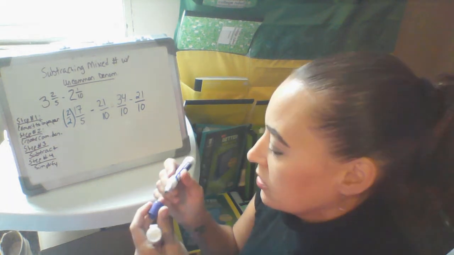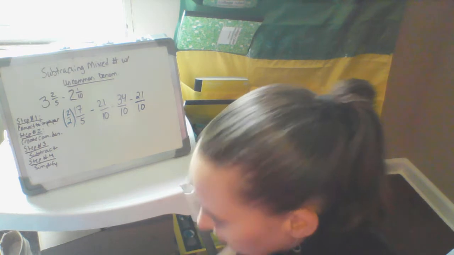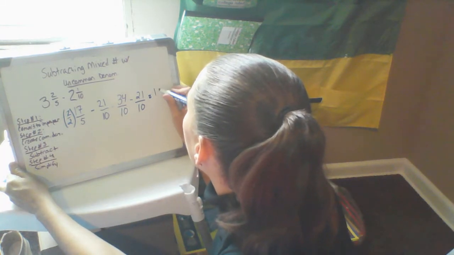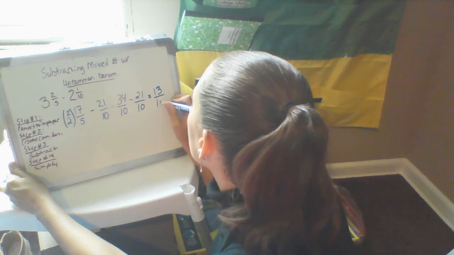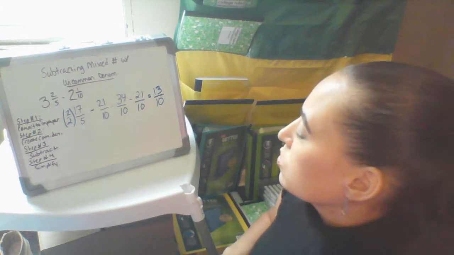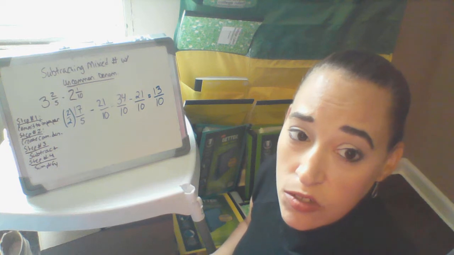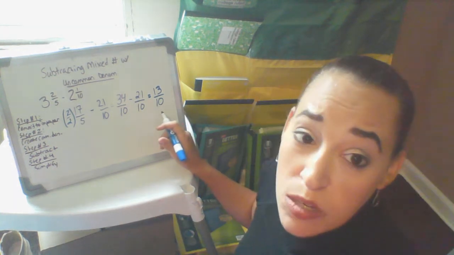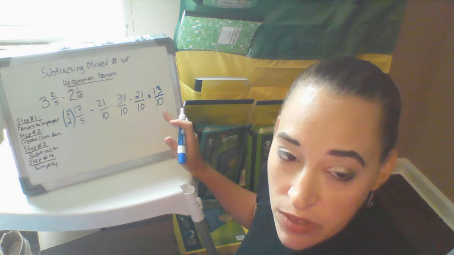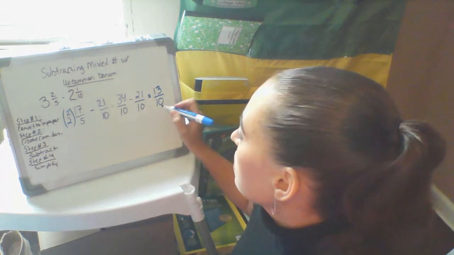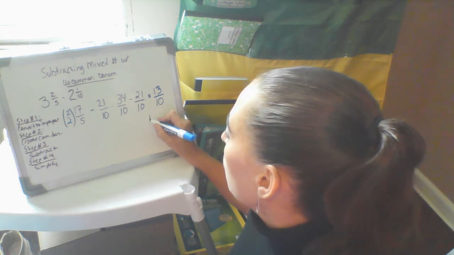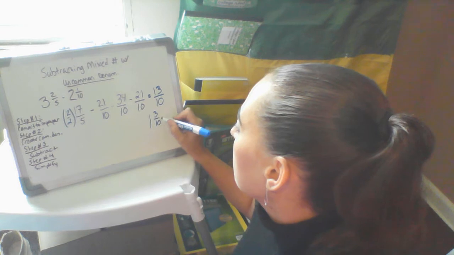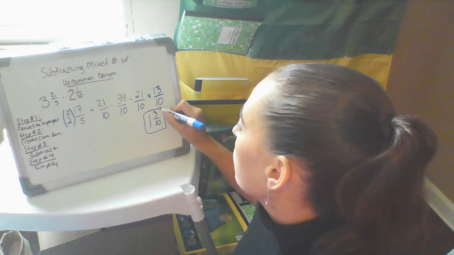So now that would equal 13 over 10. So 34 minus 21 is 13. So you get 13 over 10. That's improper, so we can't leave it in that form for our final answer. So 10 goes into 13 one time with 3 left over 10. And that would be your final answer.